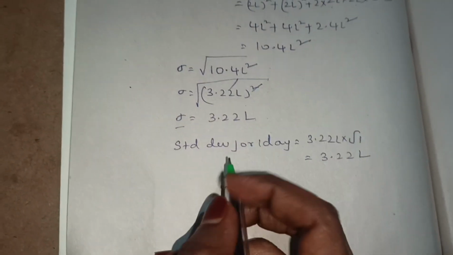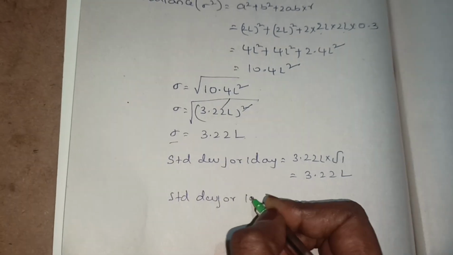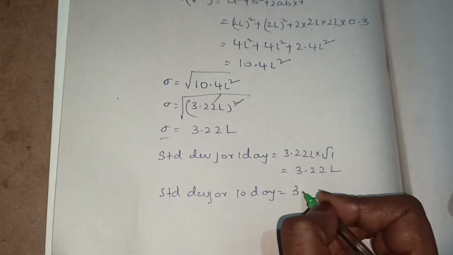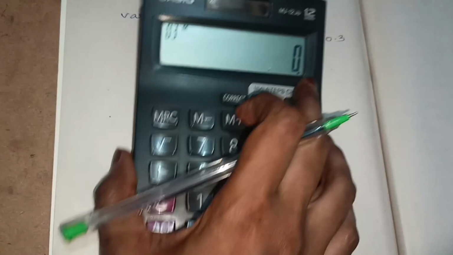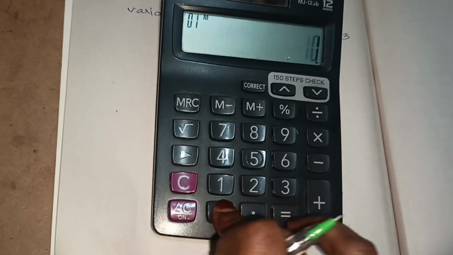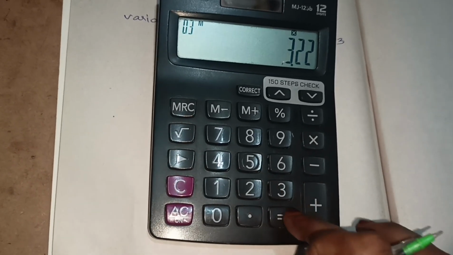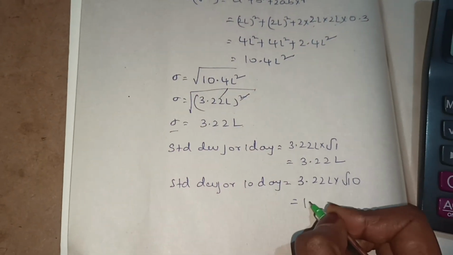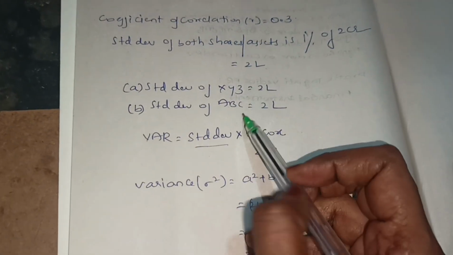So as already mentioned, when you have to calculate the standard deviation for 10 days, you will be writing under root of 10. So here 3.22 lakhs into under root of 10, so it will be 10.18, that is 10,18,000.